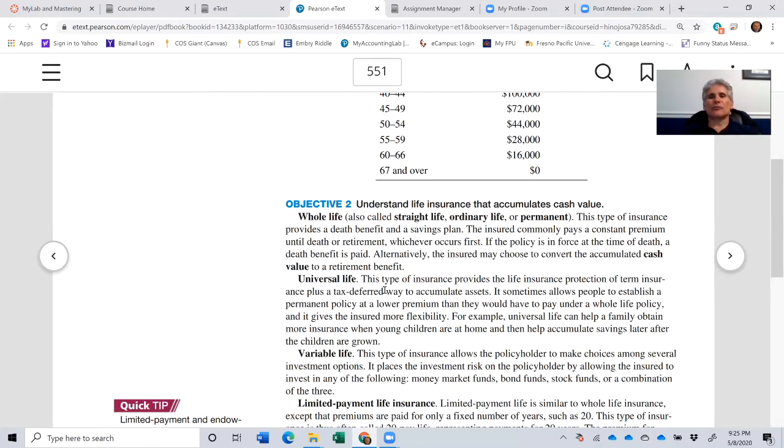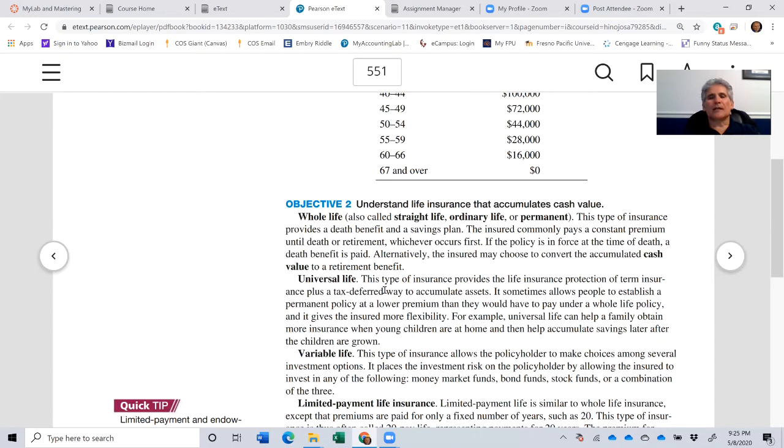But if you keep paying the insurance premiums, if you start in your 20s and you're still paying in your 60s, then at that point the whole life and universal life actually did make sense, because term insurance goes up significantly over time as you get older, and whole life and universal life lock in at a certain rate. So I'm not a big fan of whole life and universal life unless you can hold this policy until you are much older.